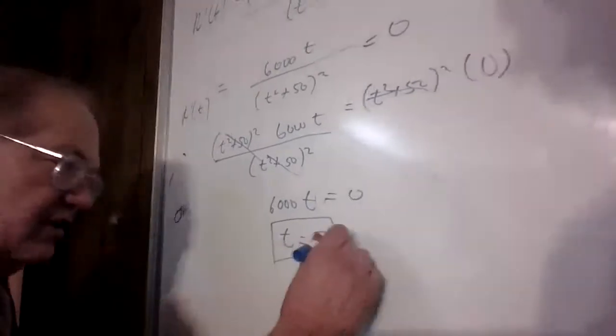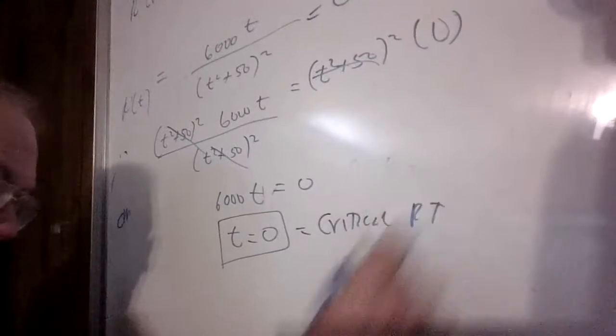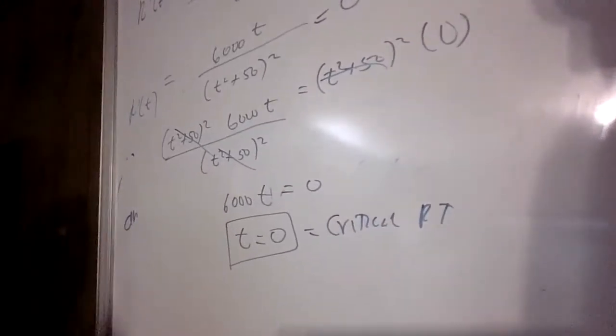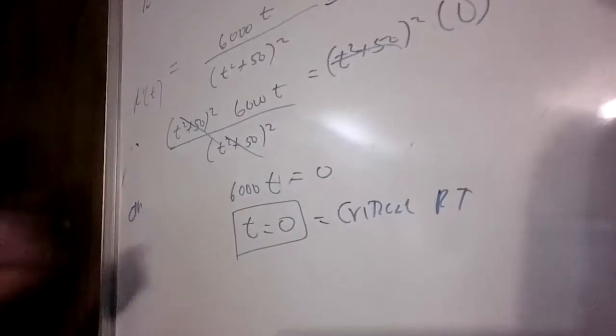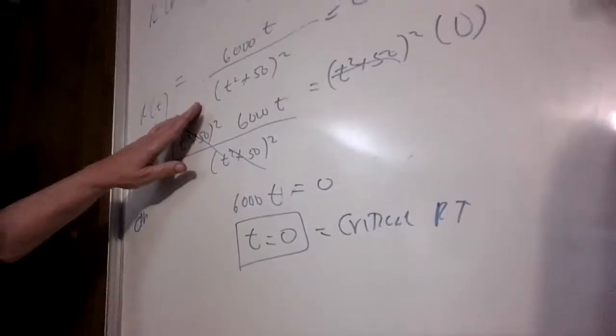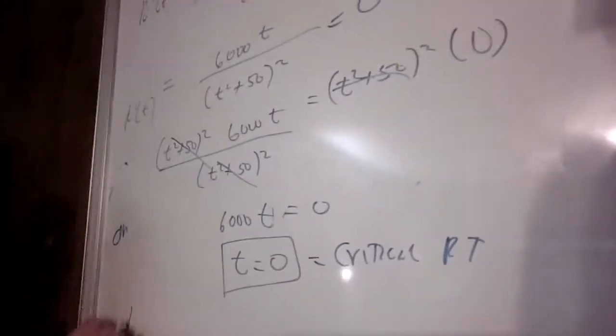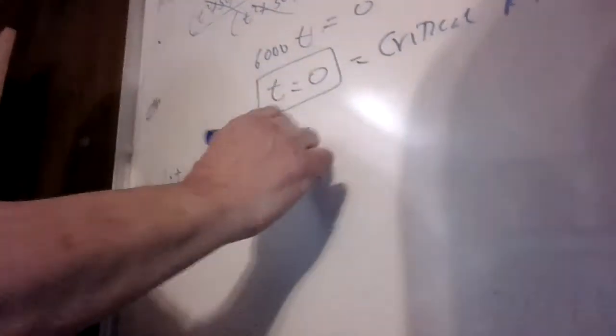Now, this is a critical point. Now we want to find out, is this at a max or a min? So I have two things. I can either take the second derivative of this, which is a long process, or I can use the first derivative sign test.